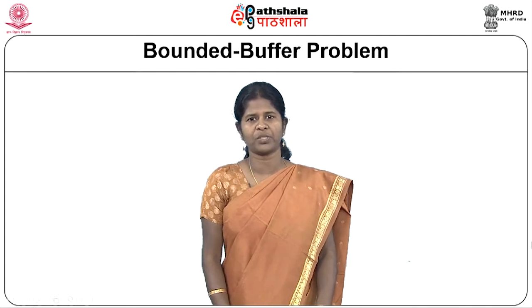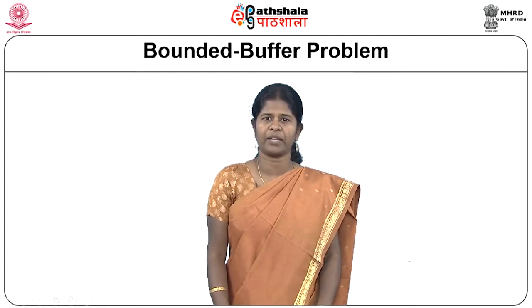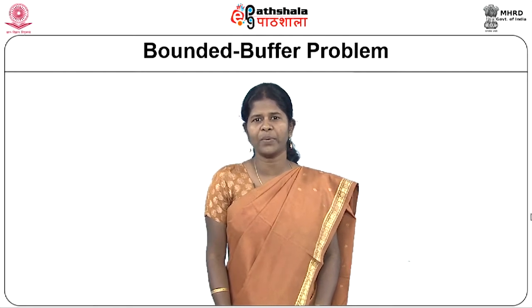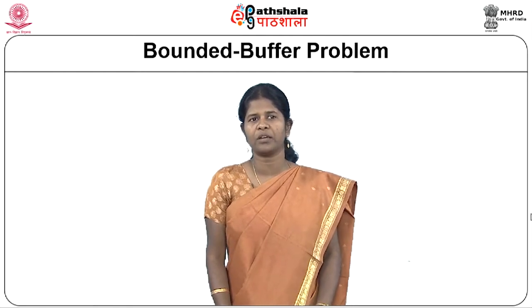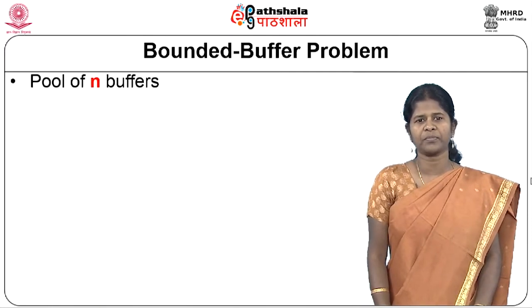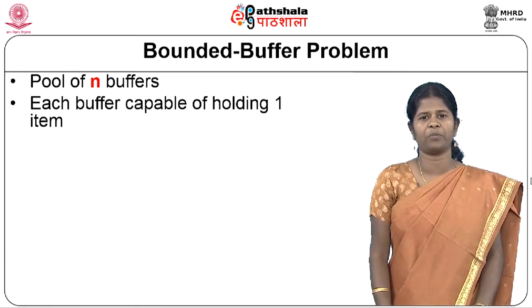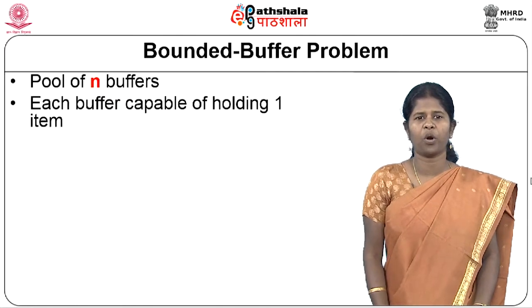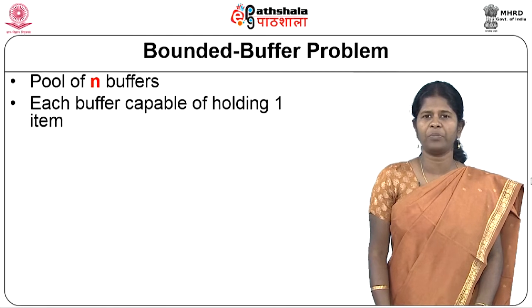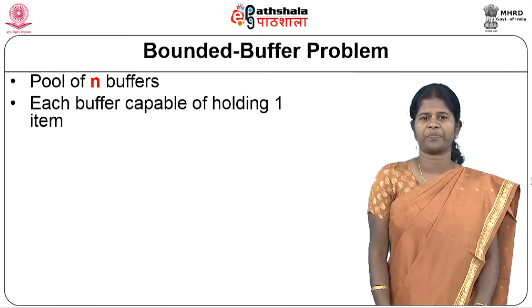This problem we had seen earlier in an earlier module, and we tried to give a solution a different way. Today we will see how a solution is given to this problem using semaphores. In this bounded buffer problem, you have a pool of n buffers, and each buffer is capable of holding one item.